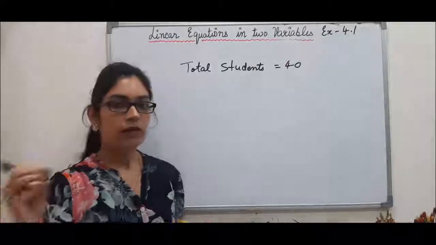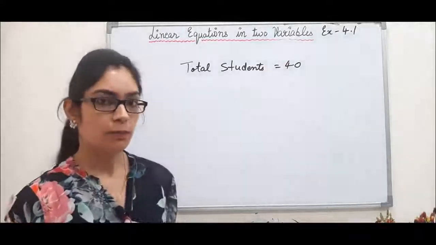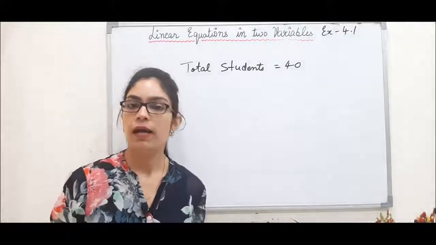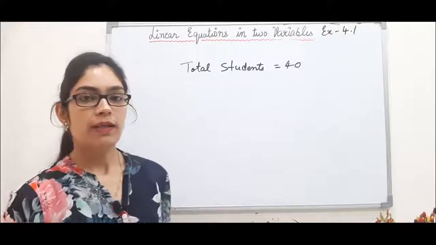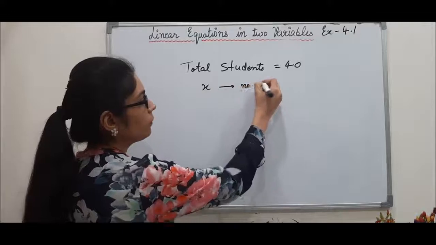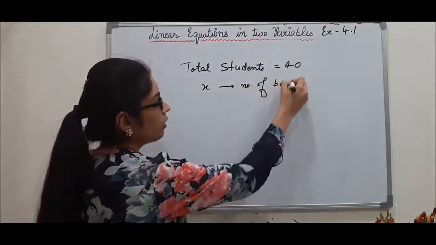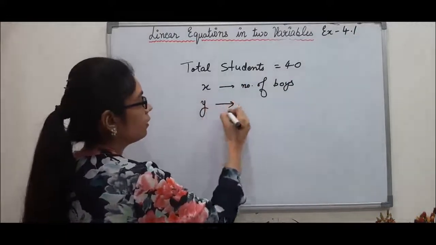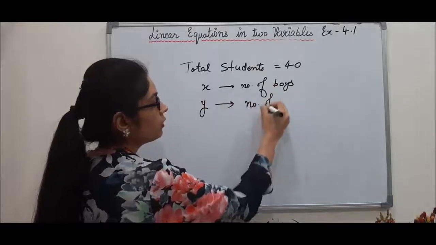Now you know girls are also there and boys are also there, but you don't know the number of girls and the number of boys. So in that case, we can write x as the number of boys, and y as the number of girls.